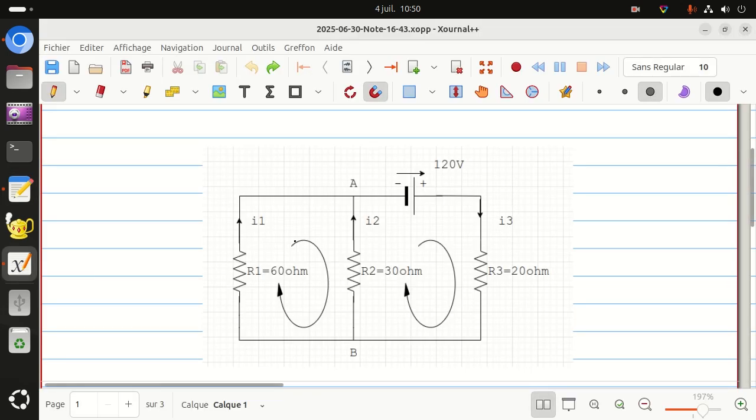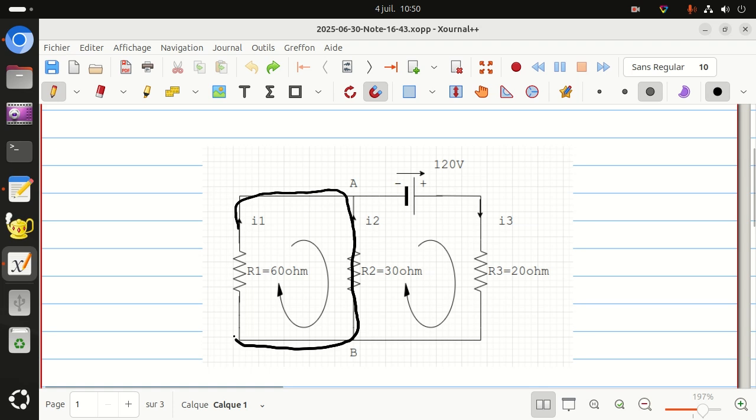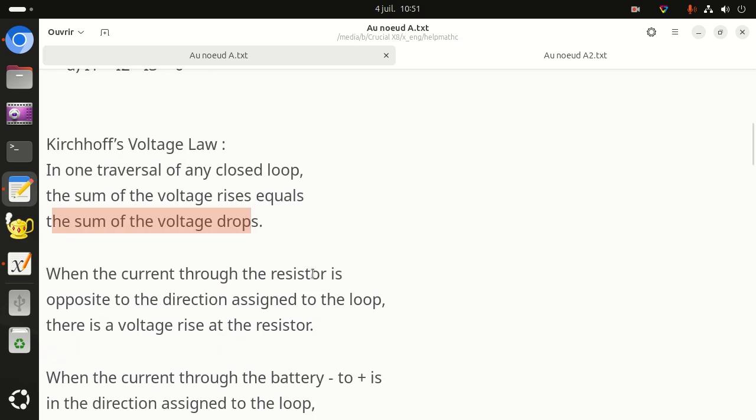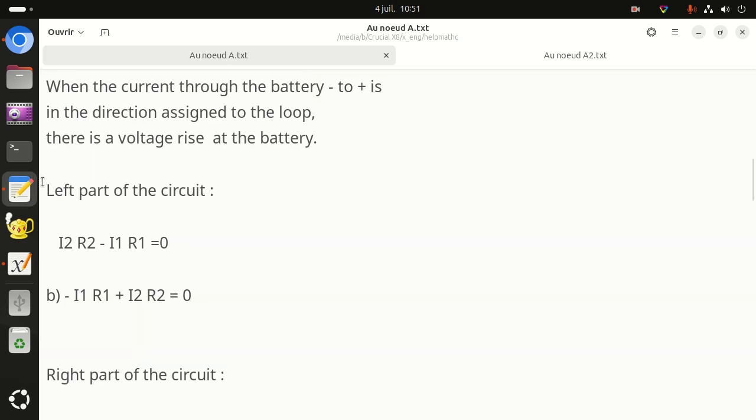I have chosen a direction for this loop. The first loop is the left loop. This is a direction. Alors, this is the left part of the circuit.